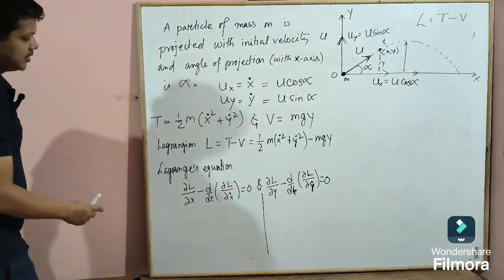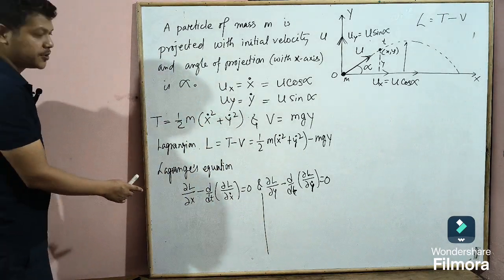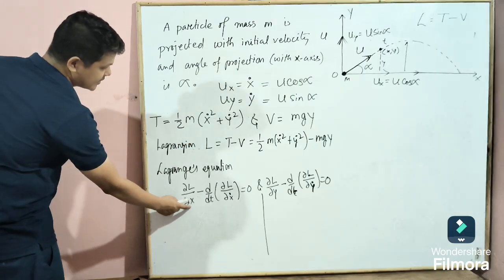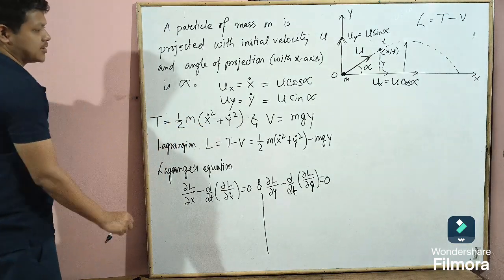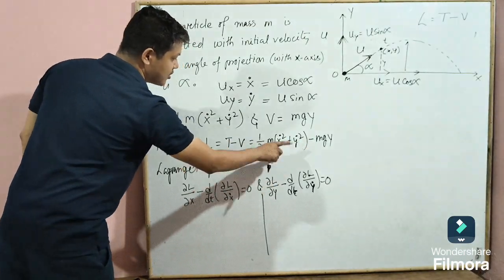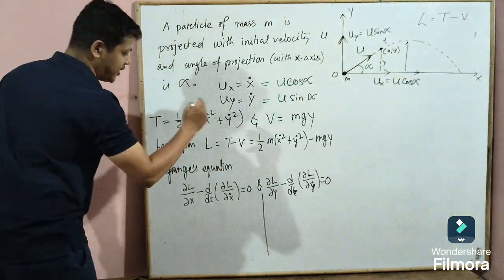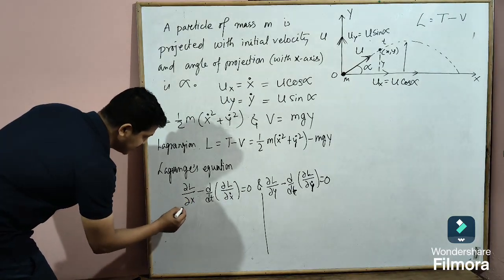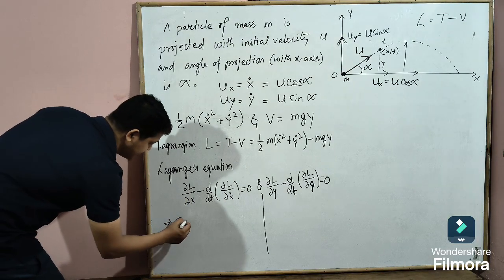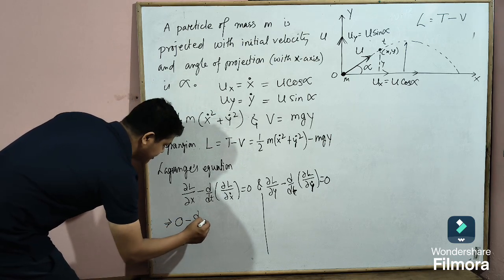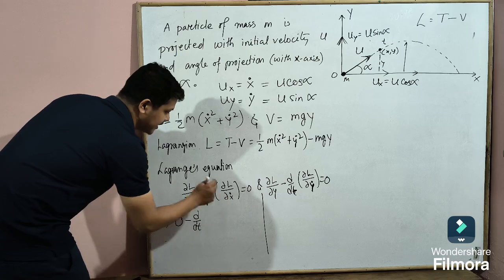Now if you differentiate this with respect to x, here we have x dot, and we don't have any term containing x only, so del L by del x must be equal to 0, minus the time derivative of del L by del x dot.